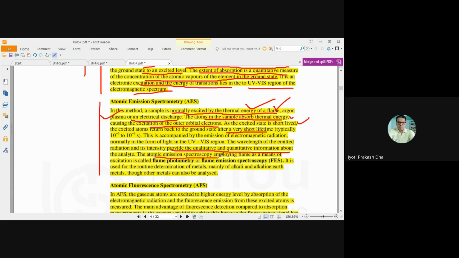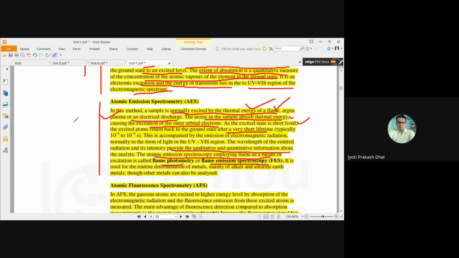Atomic emission spectroscopy employing a flame is known as flame photometry or flame emission spectroscopy.